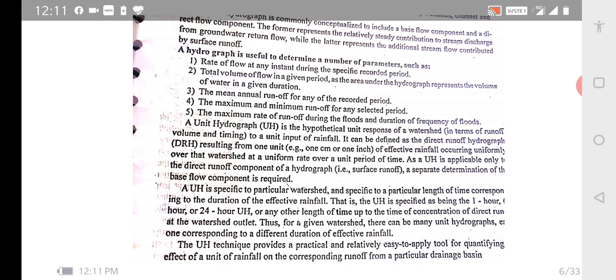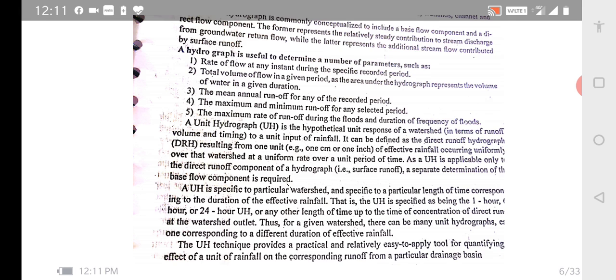As the unit hydrograph is applicable only to the direct runoff component of a hydrograph, a separate determination of the base flow component is required. A unit hydrograph is specific to a particular watershed and specific to a particular length of time corresponding to the duration of the effective rainfall.